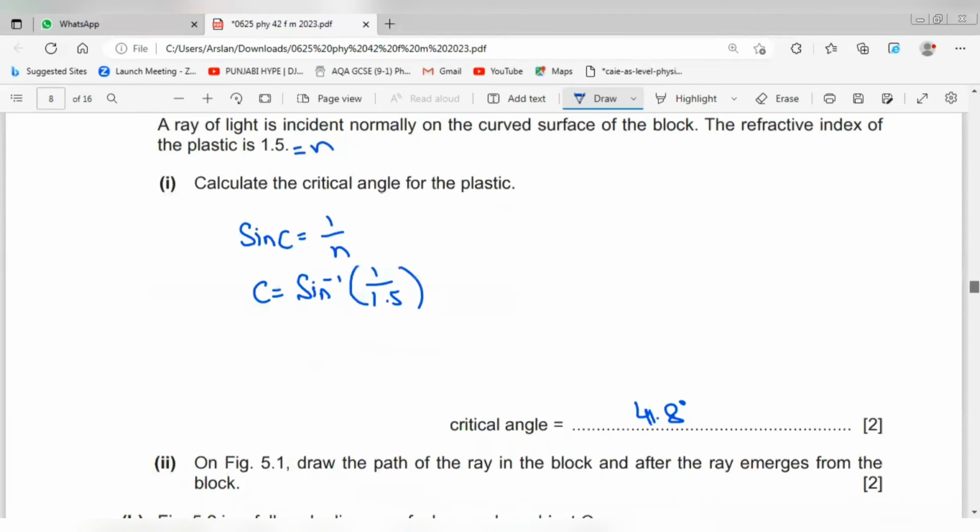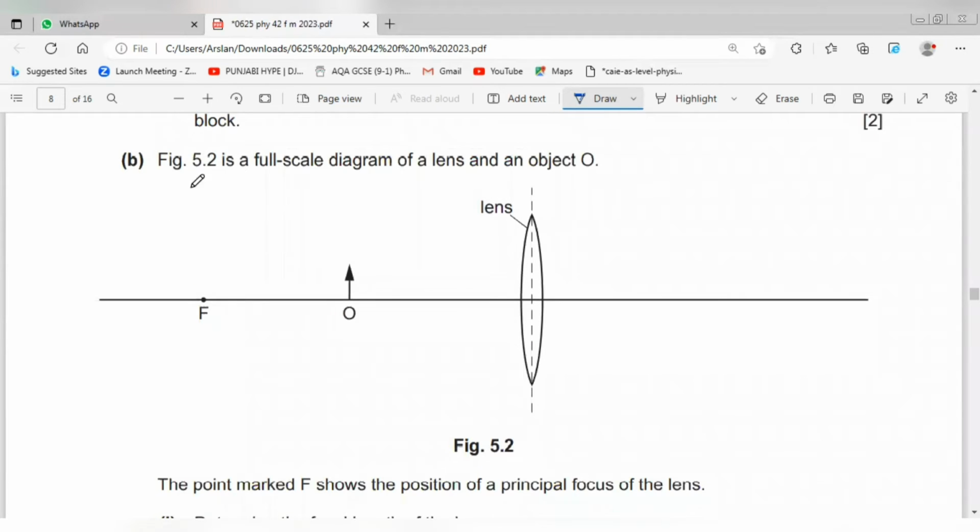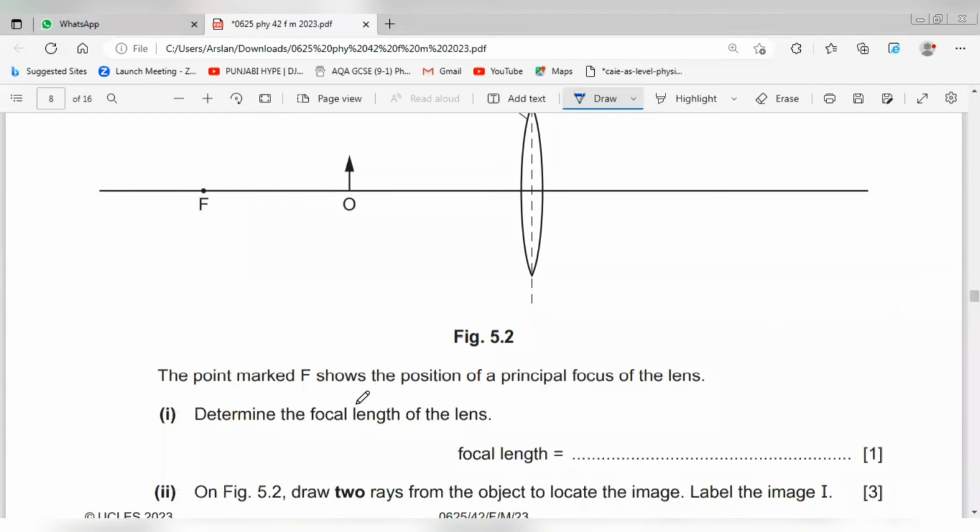Next, question number 5B. Figure 5.2 is a full scale diagram of a lens and an object O. So this is the object. The point marked F shows the position of the principal focus of the lens. Determine the focal length of the lens.